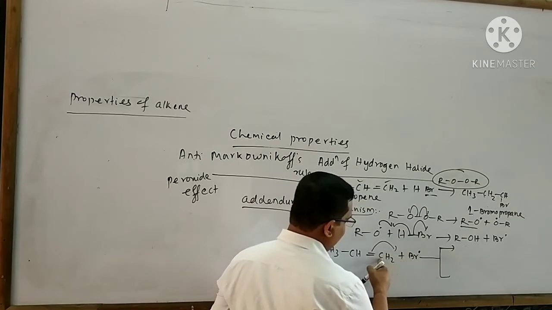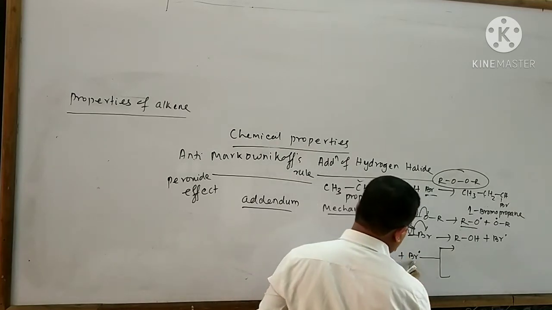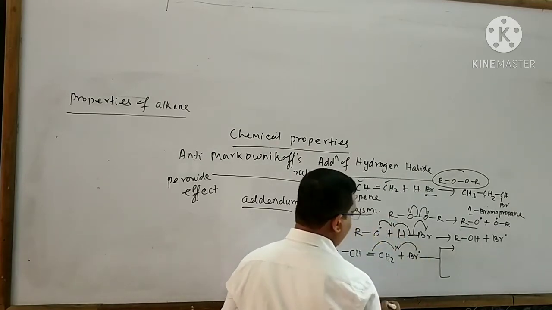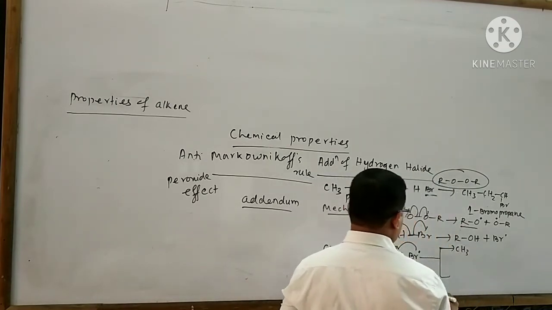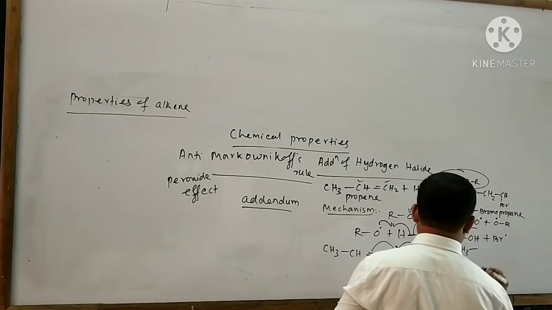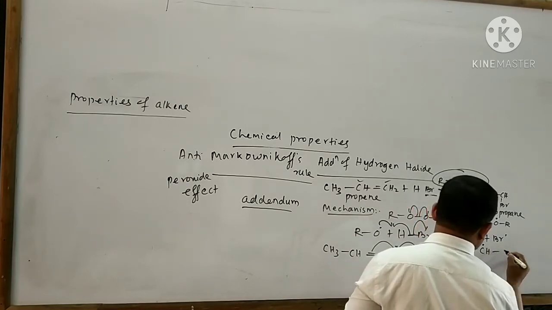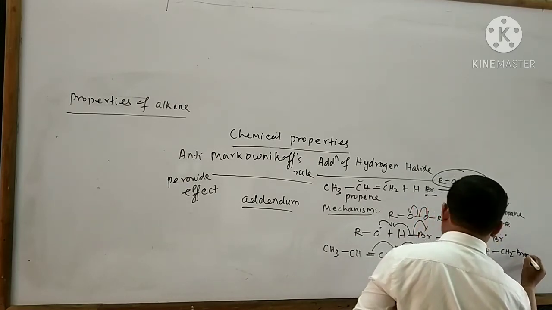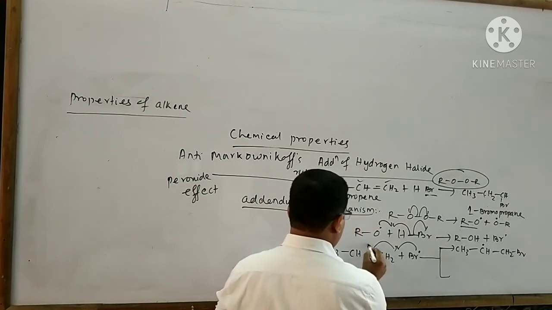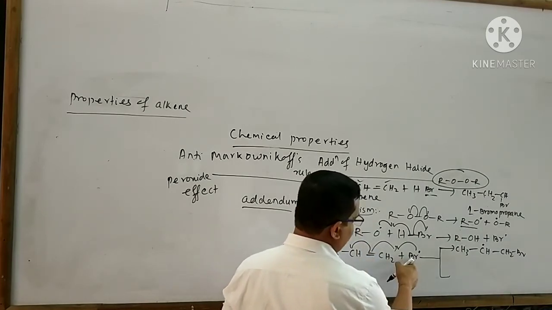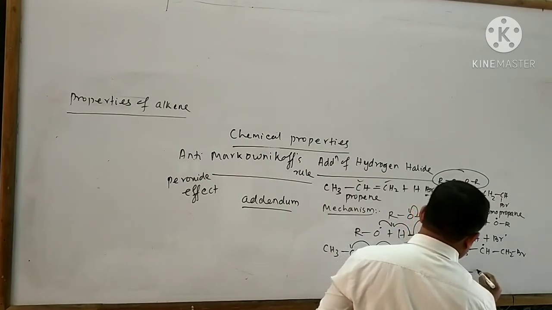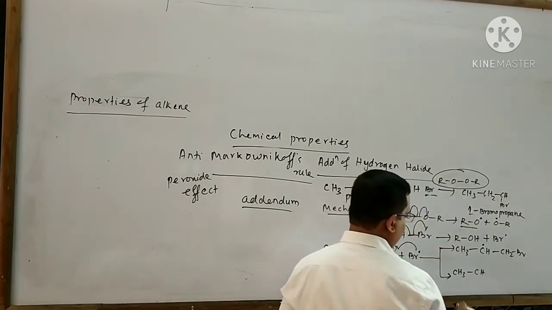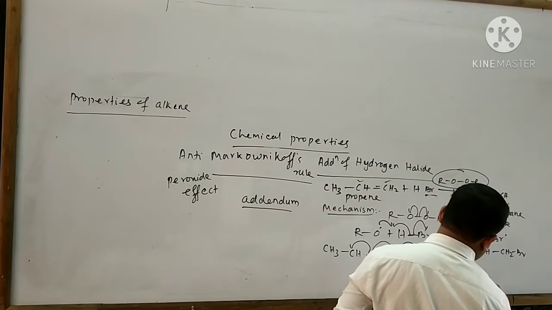If this carbon is attached to this Br dot, then what will happen? This is the species that will be formed. If this radical is attached with this radical, then what will happen? I can draw the species like this.